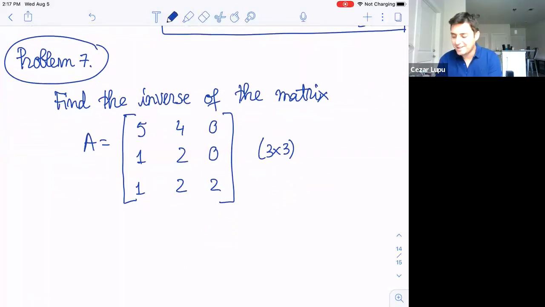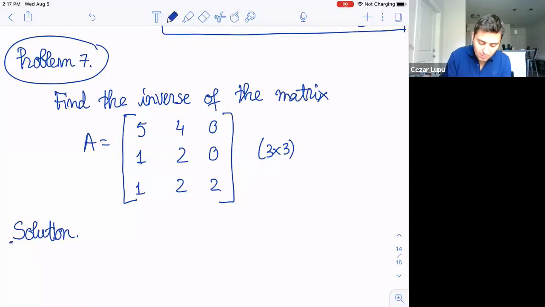And of course, we want to use the characteristic polynomial. There are plenty of ways to find this inverse, at least 2 or 3 ways. We have seen this. You actually had a problem at the midterm exam to find the inverse of a matrix.